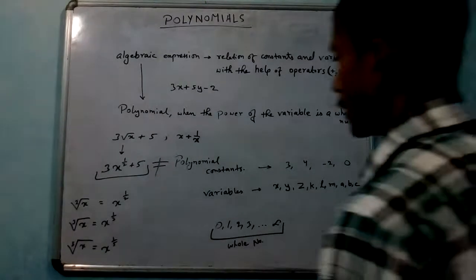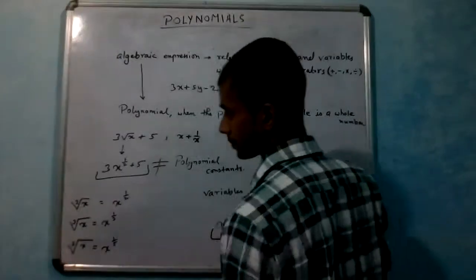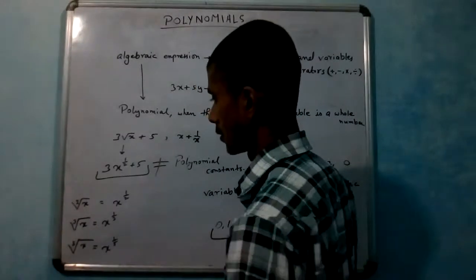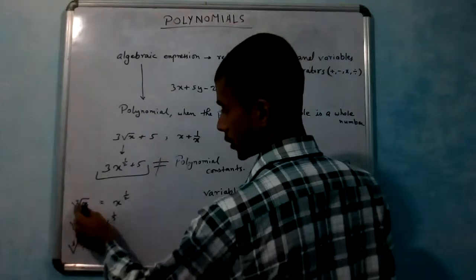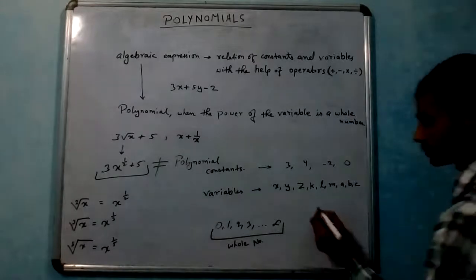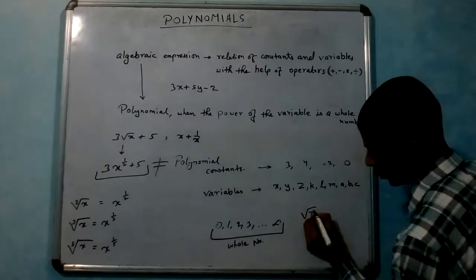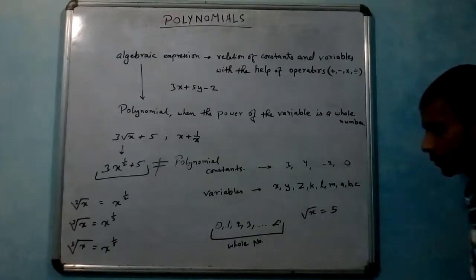Correct. If it is an equation and you are bringing this to that side, meaning not the complete thing, just this square root value, then okay. For example, root x is equal to 5 and we want the value of x.